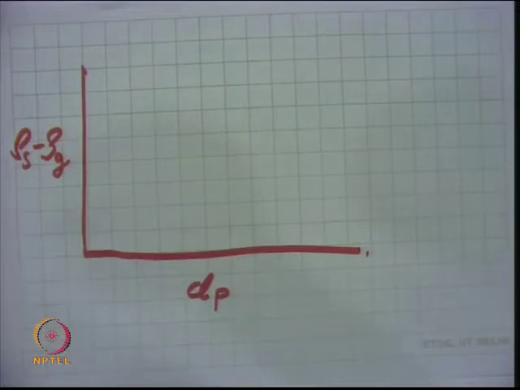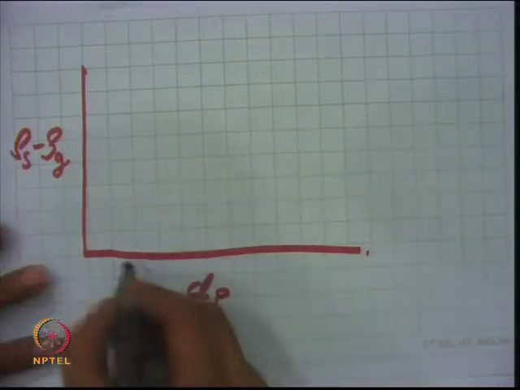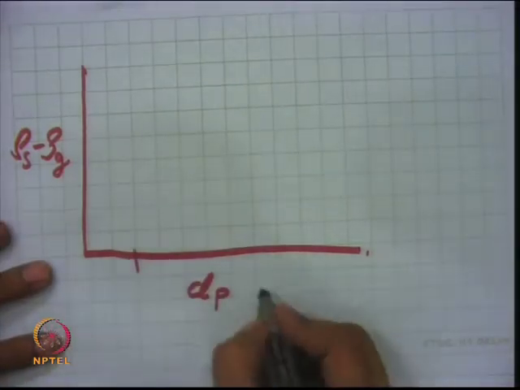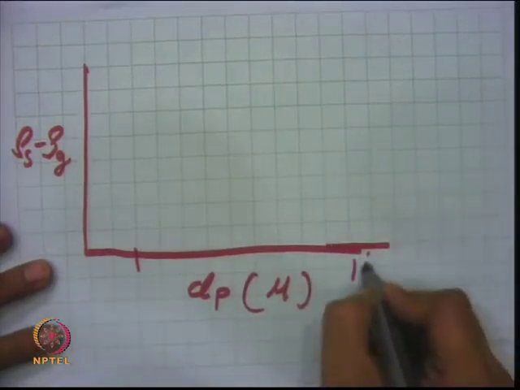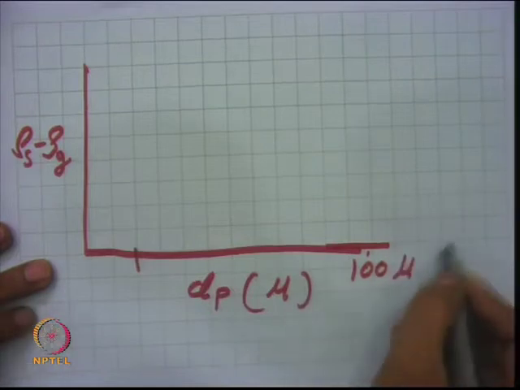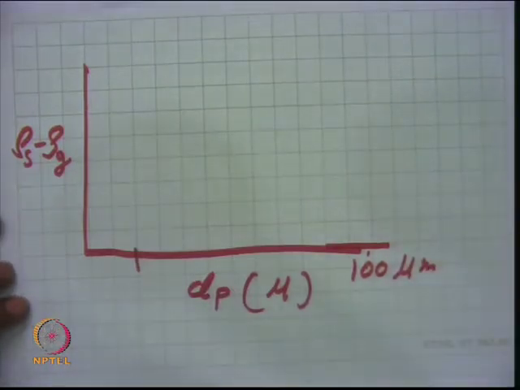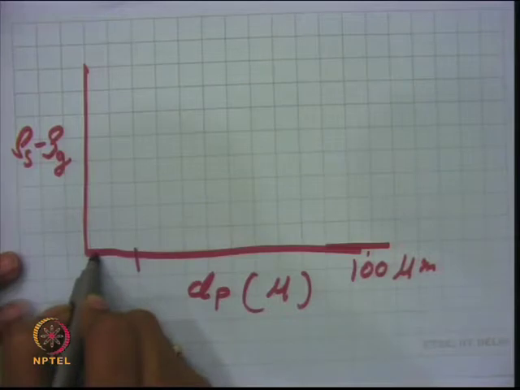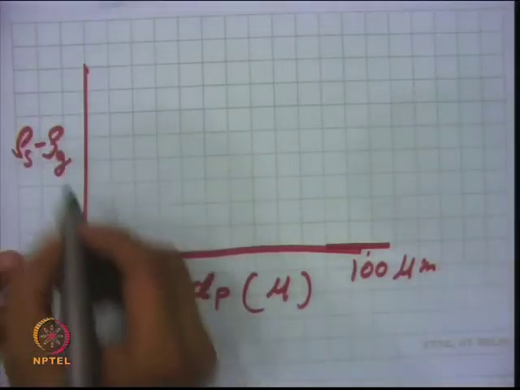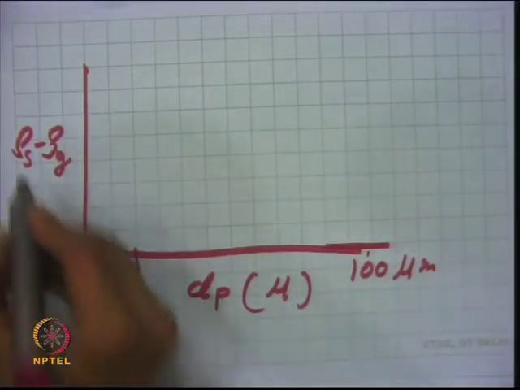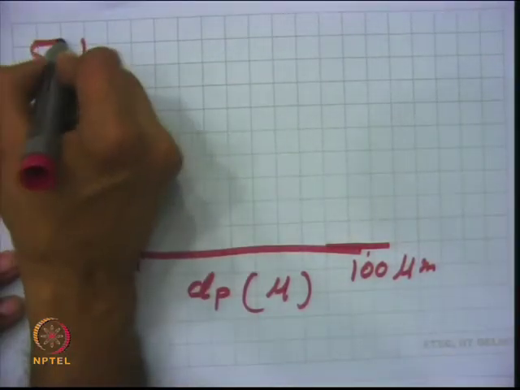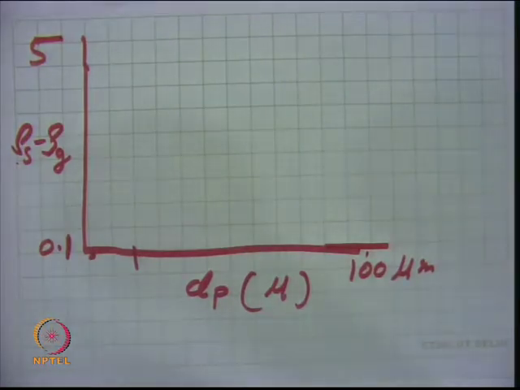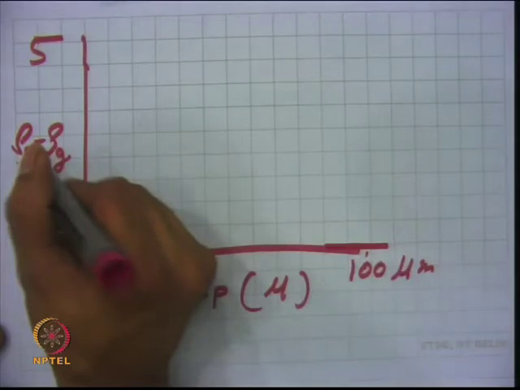You can have different particle sizes, like 50 micron, generally in the micron unit, going up to 100 micron or even higher, 200 micron. These are small particles. On this side you have the density difference of solid minus gas, from 0.1 up to 5. The solid density is high and the gas density is always low, so effectively it is the density of the solid which dominates.